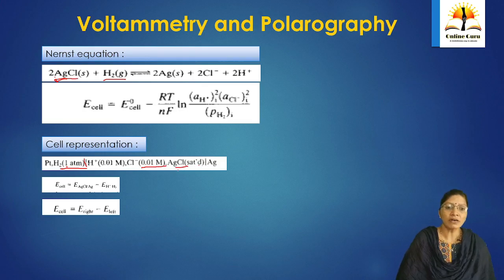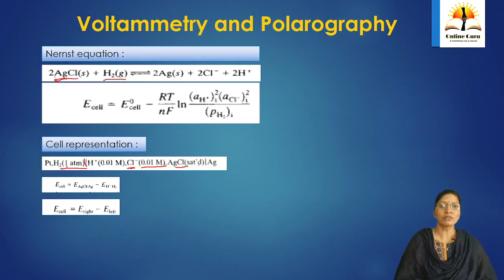This is the solution in which we have the chloride ions that are unknown. So this forms one half cell, and silver plus forms the other half cell. The electrodes on the left hand side and right hand side form a cell, which also has particular conditions.